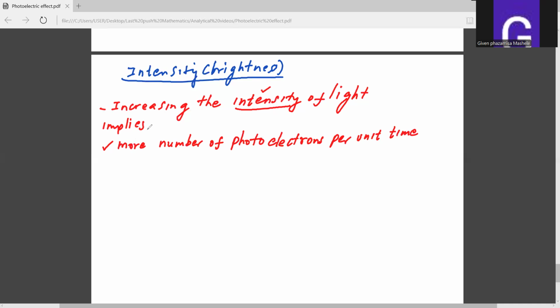So if the intensity of light is increased, we are going to have more photoelectrons released per unit time. And because of that, there will be an increase in current. This will result in an increase in current, or in the ammeter reading.